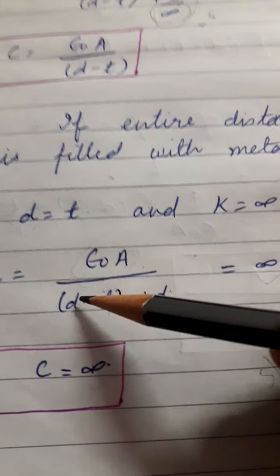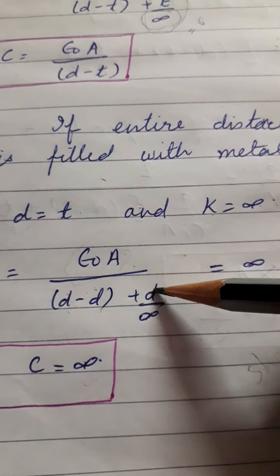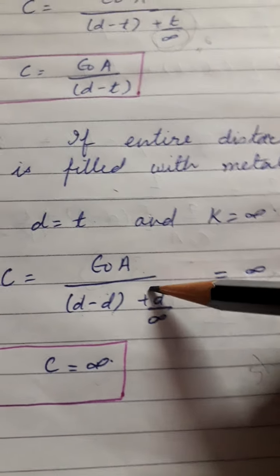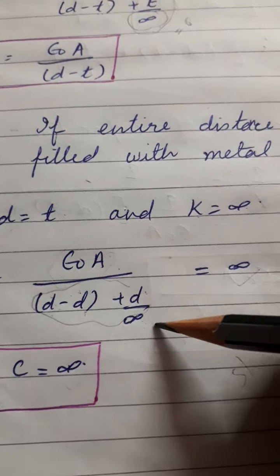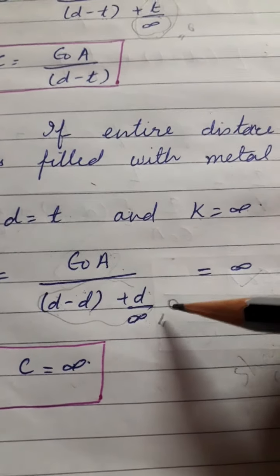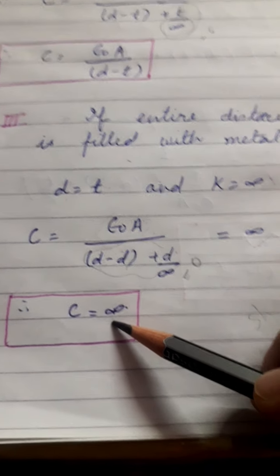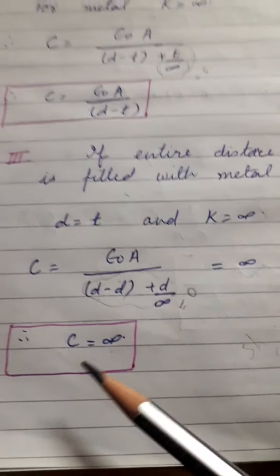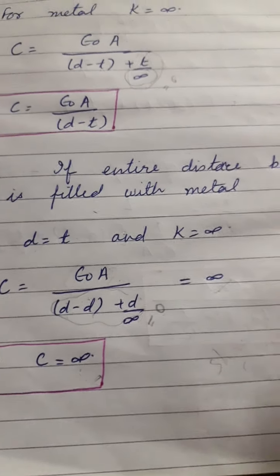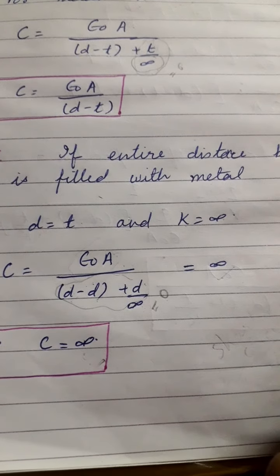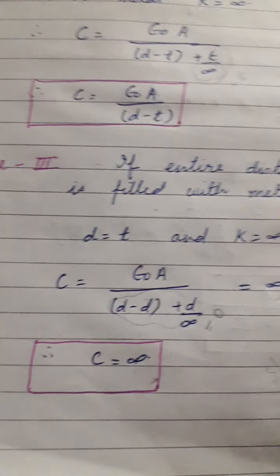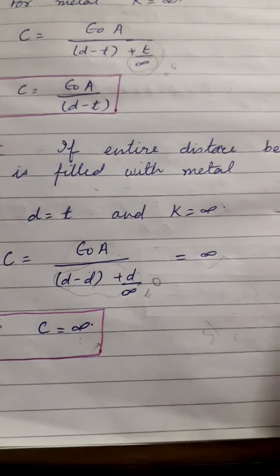D minus D will be 0 and D by infinity is 0. So this total denominator is equal to 0, and anything upon 0 is always infinity. This means the capacitance of the capacitor will be infinite. What does it mean? The capacitance will be infinite means it can store infinite amount of charge, but it cannot sustain the charge, and it will conduct the total amount of charge.